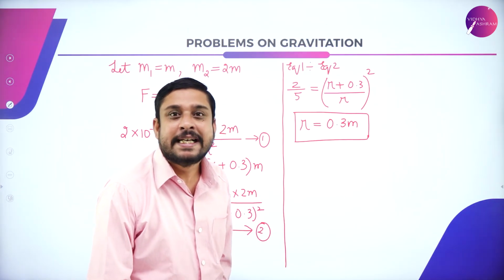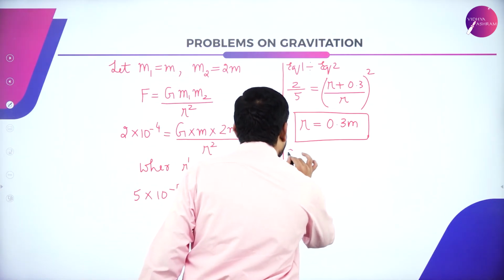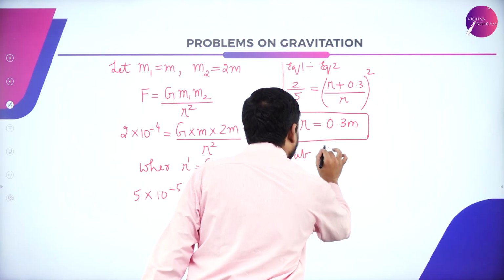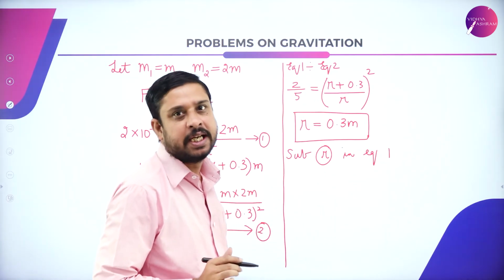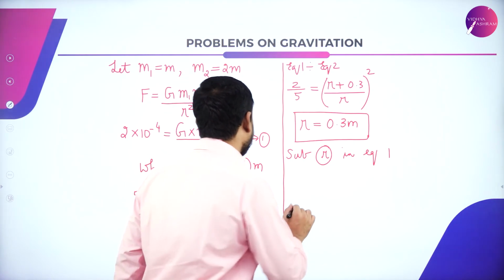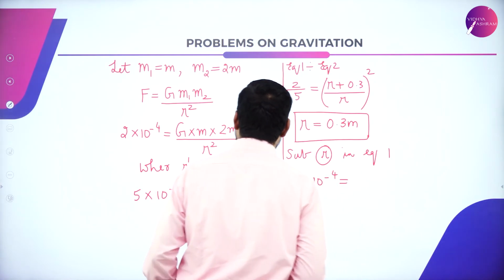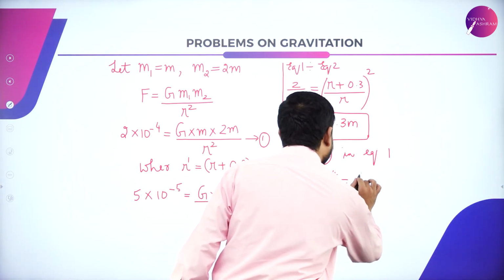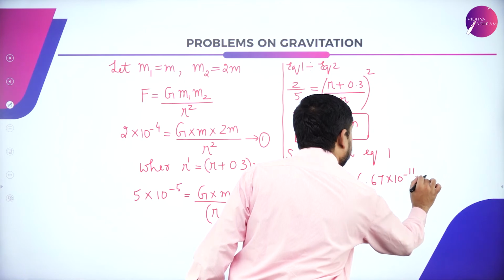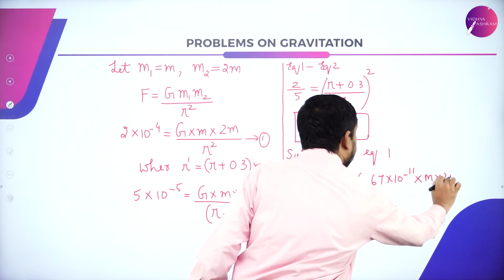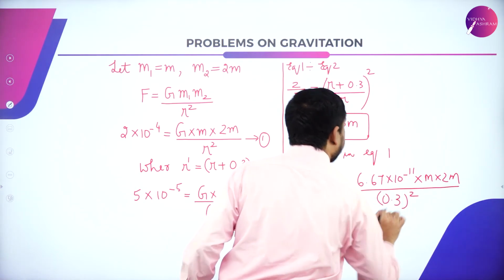Now I want to find the mass of each sphere, for which I will substitute the value of R in equation 1. So we have 2 into 10 power minus 4. Now we will substitute for G, 6.7 into 10 power minus 11, into M into 2M by 0.3 whole square.